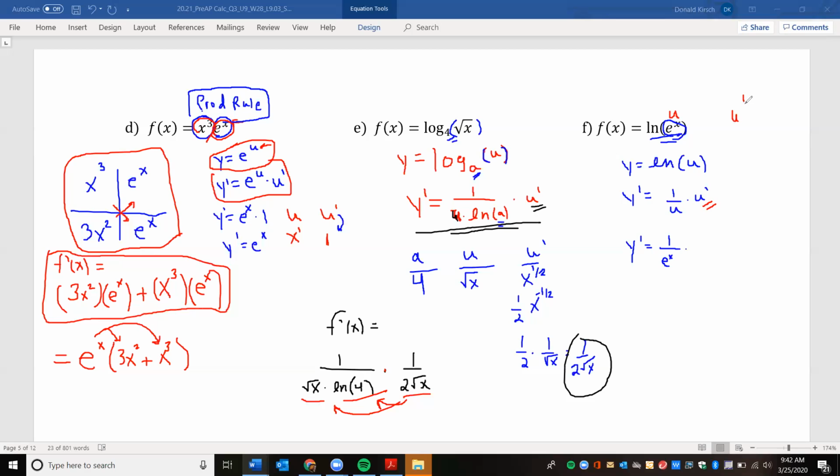Well, what's difficult about that is now I have to reuse a formula to find my derivative for e to the x power. So if I have something like e to the u, to find my formula, I actually have to do e to the u times u prime. This is the same formula as up above. So in this case, that was my y prime. My y prime is going to be e to the x times the derivative of that exponent, which is 1.